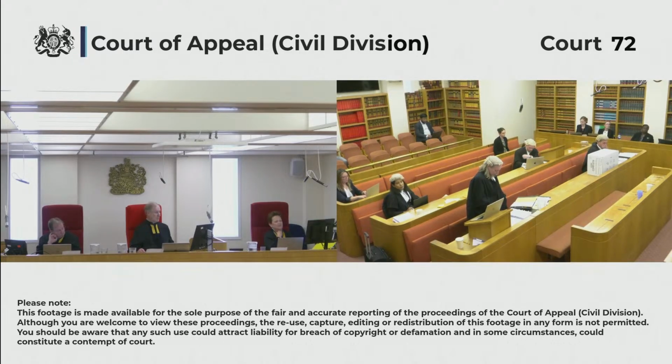Those might be the same reasons as why you've dismissed it. I mean, dismissed the claim itself on a totally without merit, let's just say, because it's in mind. You might refuse permission to appeal, let's say, because you think it's a hopeless case, and you'll say, I think it's a hopeless case. And then you might at the end say, for all the same reasons, I consider it totally without merit. In other words, it does meet that higher threshold for the same reasons. Yes, I mean, what I'm saying is that might be something you find.